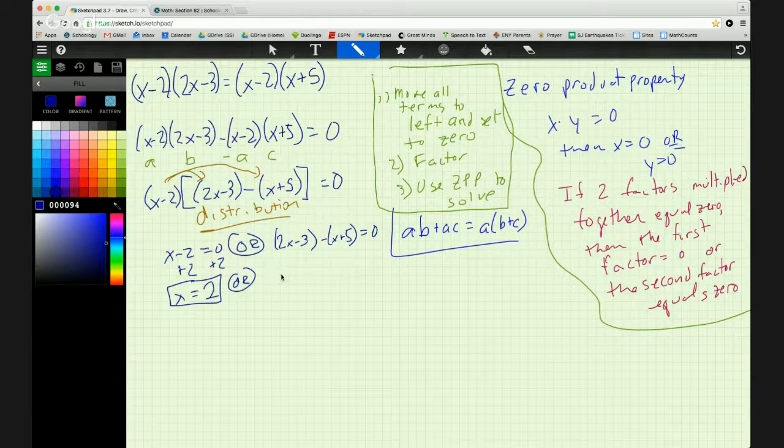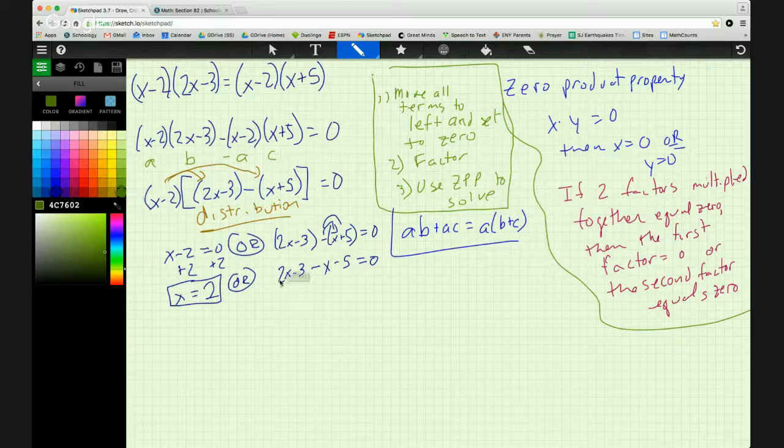All right, so let's solve that. 2x minus 3. If we remove our parentheses, remember we got to distribute. Minus x minus 5 equals 0.